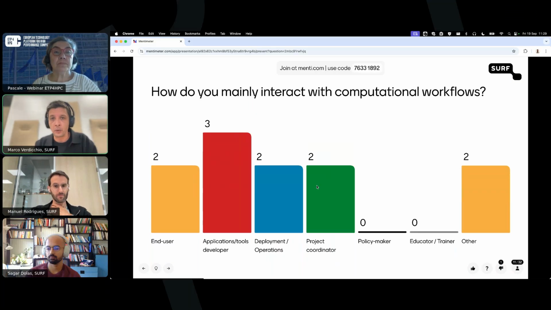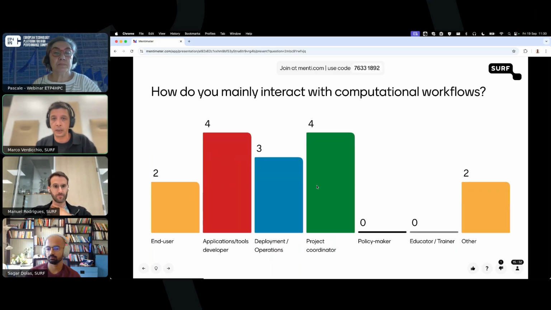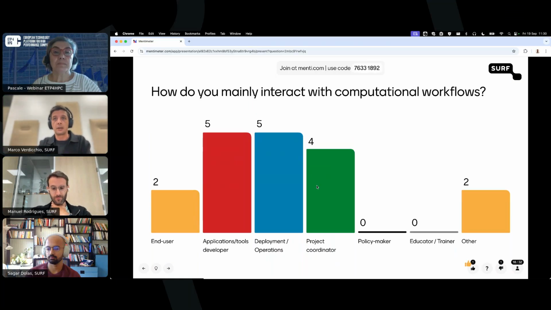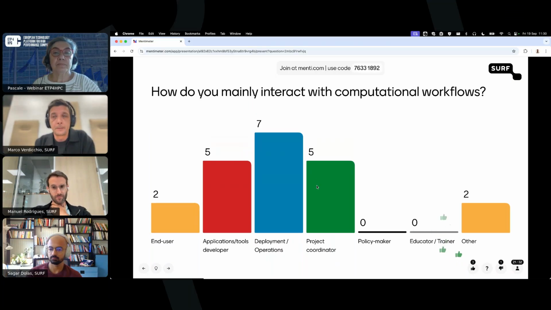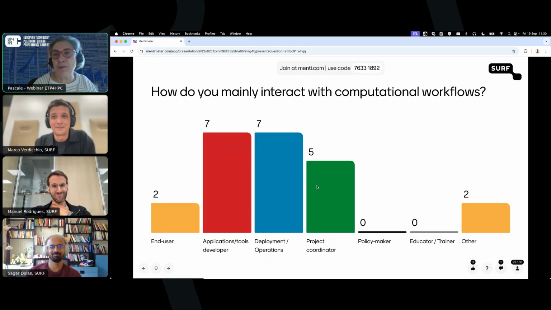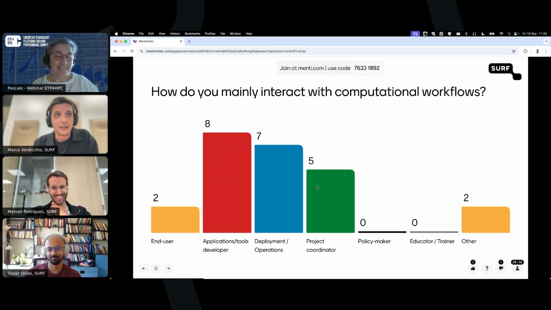Deployment and operation is more the HPC infrastructure provider, or people who work on deployment and configuring. It seems we don't have any policymaker on board today. That's a pity. It's interesting to see a lot of application developers and deployment people, although many researchers in the audience.